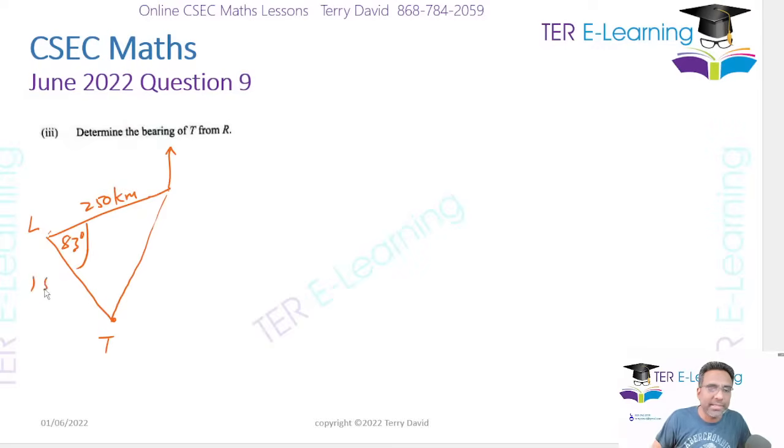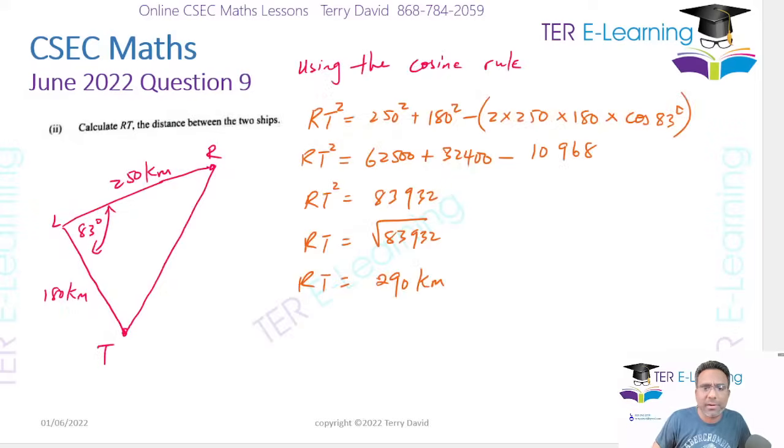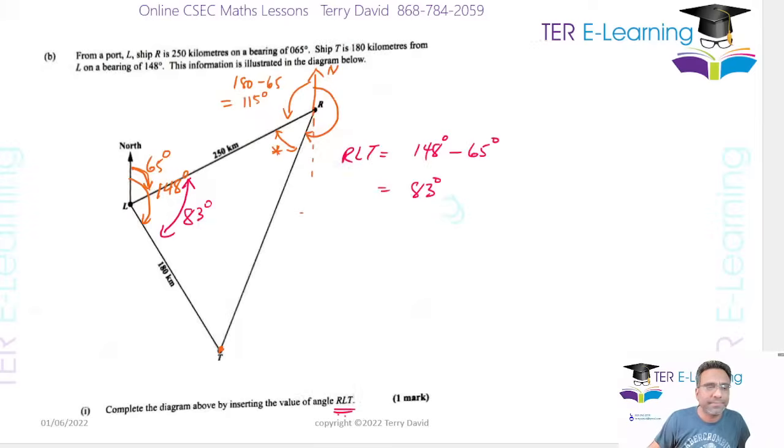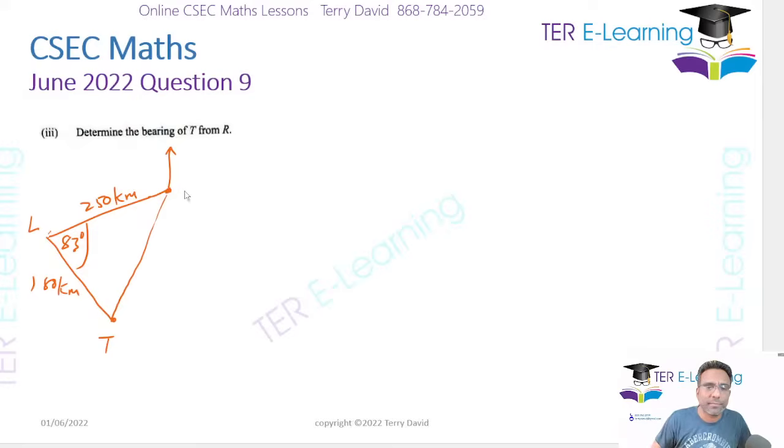This is 180 kilometers. And that's R. Alright, so this is the point R here. We already worked out this length here, and we got 290. So this is 290 kilometers. So all I need to do is to figure out this angle here.